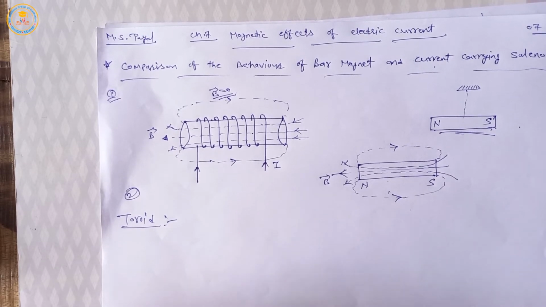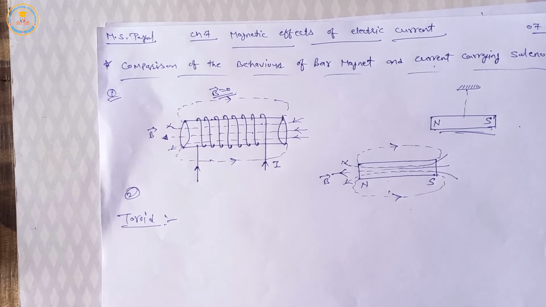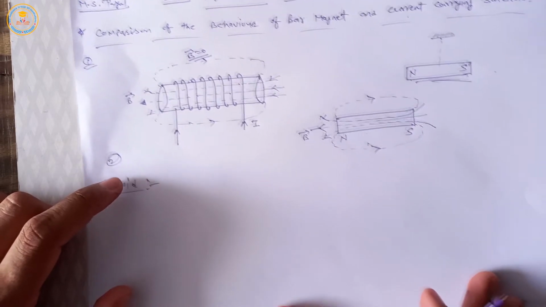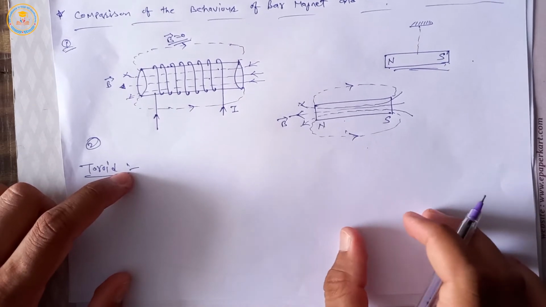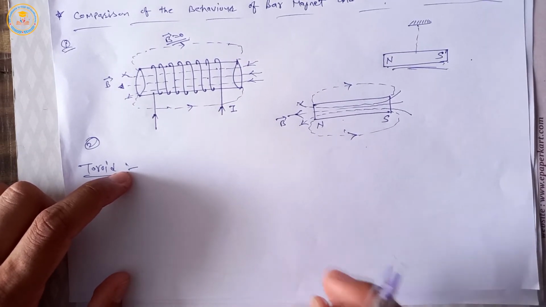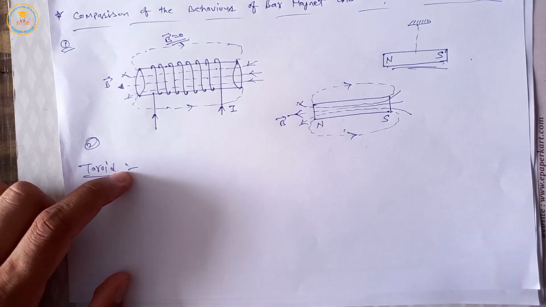This type of arrangement is called a toroid. We can say that if a long solenoid is bent and its both ends are joined together, then this arrangement is called a toroid. In another form, we can say if copper wire is wound over a circular ring, then this type of arrangement is called a toroid.